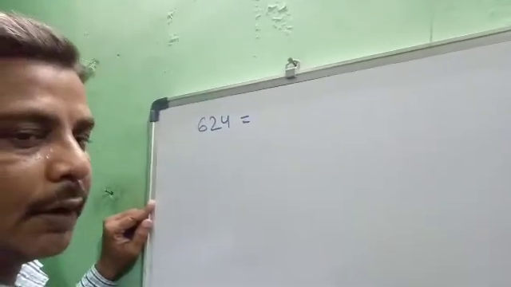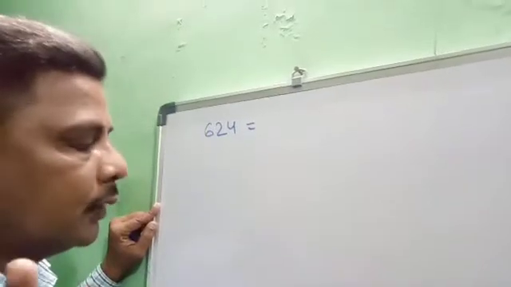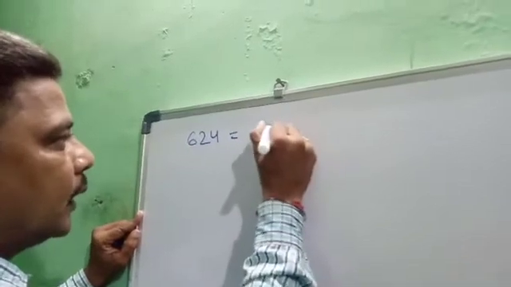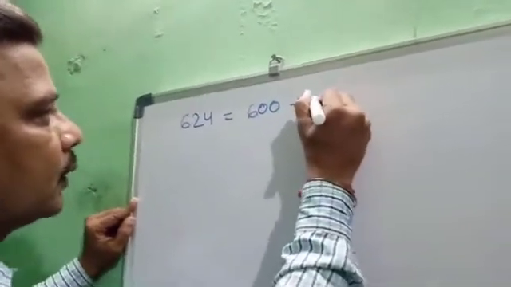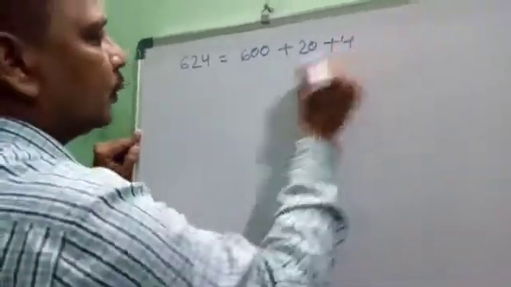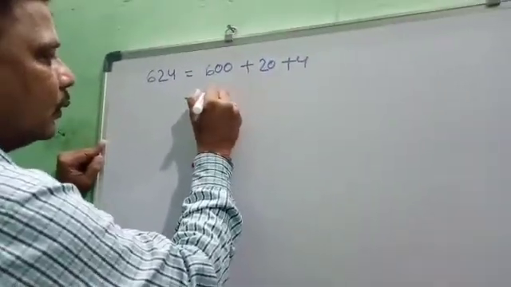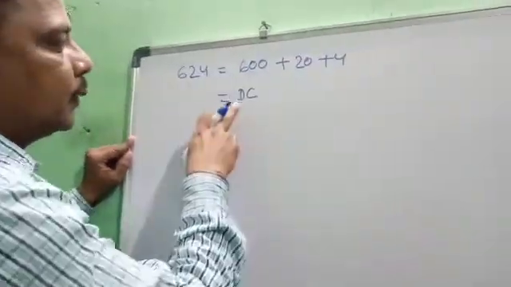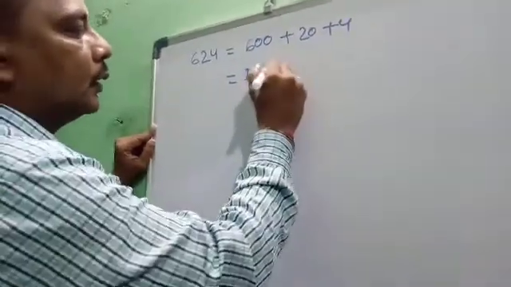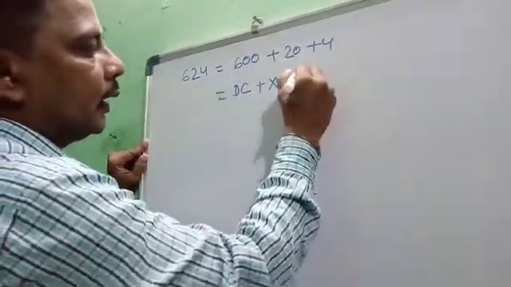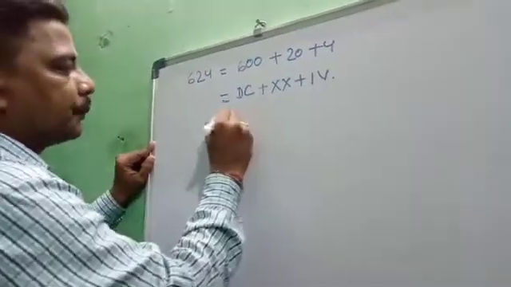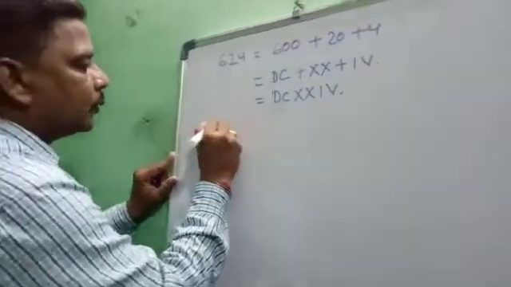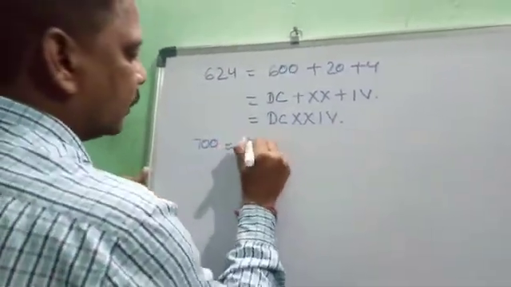The letter for 500 is D and for 100 is C. So when we write 600 plus 20 plus 4, we will use DC, which means 500 plus 100 equals 600, plus XX for 20 and IV for 4. Okay, DC, XX, IV.